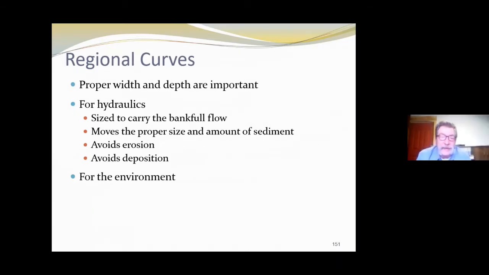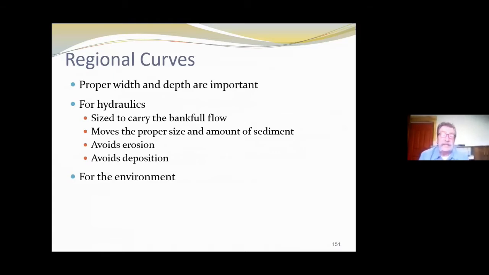Jeff, if I might, I just wanted to jump in here. Please, Mike. When we're looking at regional curves and utilizing them, we need to consider that they're just a generalization, a model, and they're most valid for riffle-pool type situations. Different streams are going to have different configurations, as we've talked about in this presentation, different points where they access a floodplain, and some of those stream types, like the step pool situation, don't even have a very active floodplain.